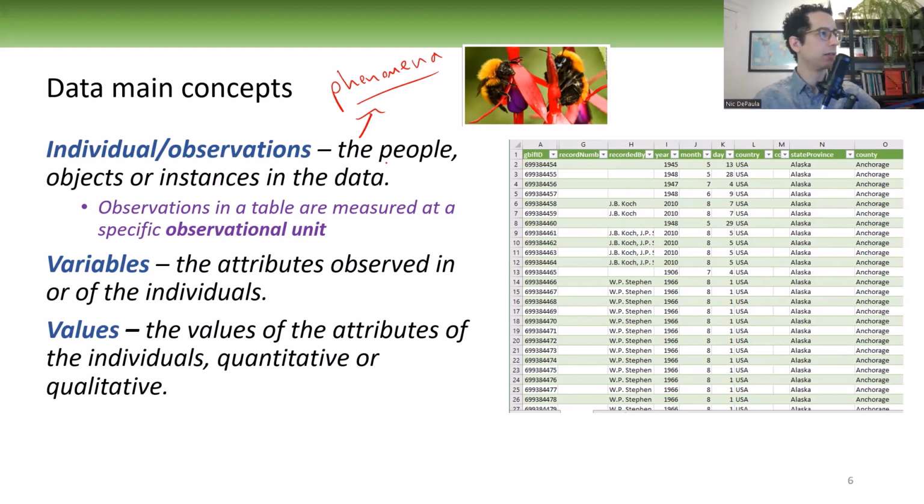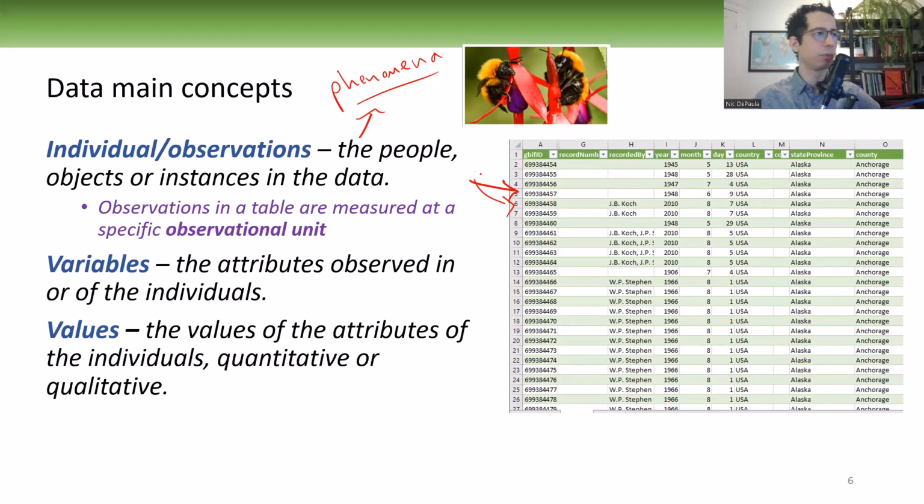And the individual observations are going to be the units that we see in the rows of the tables that we're going to be working with. Observations in a table are measured at a specific observational unit. It is very important to understand which observational unit you're dealing with. And usually each table is just going to have one observational unit.